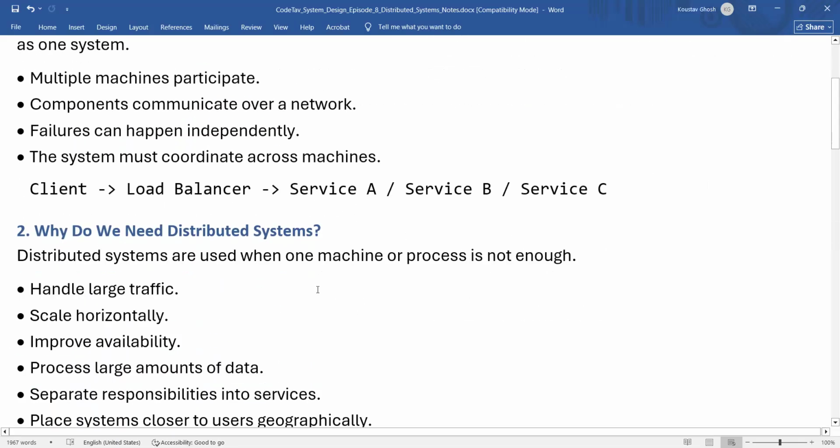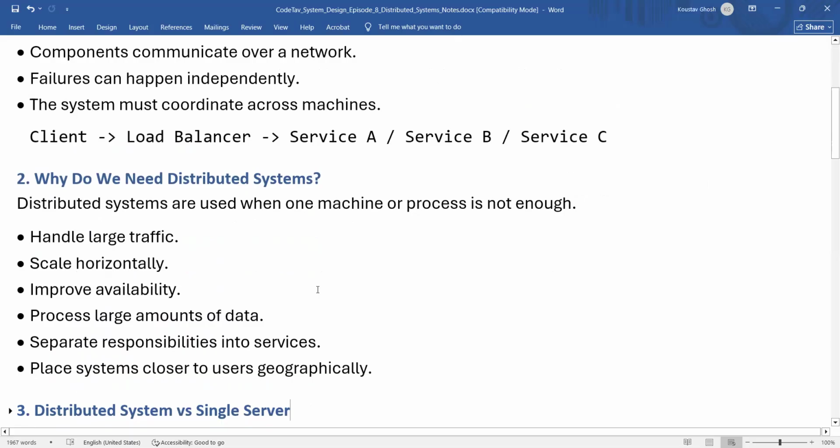Next, we will learn why we need distributed systems. For a small application, we absolutely can handle the whole thing with one server. But why don't we simply use one powerful server?